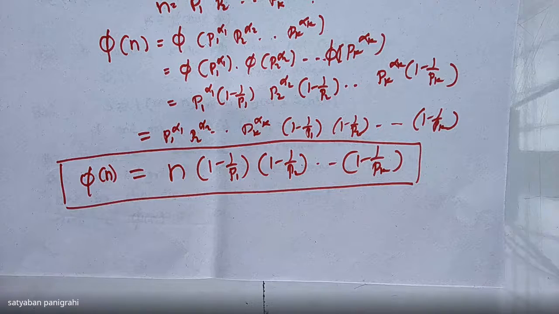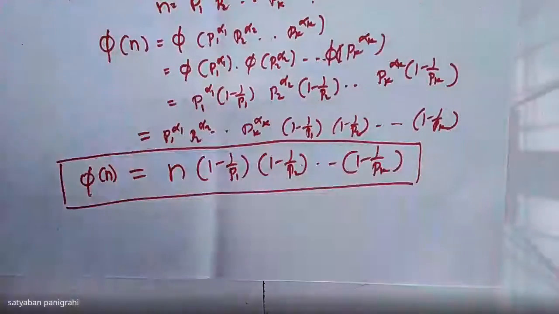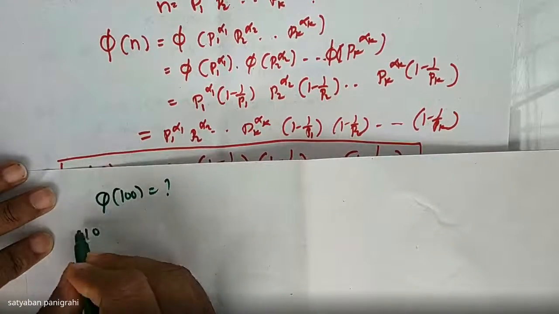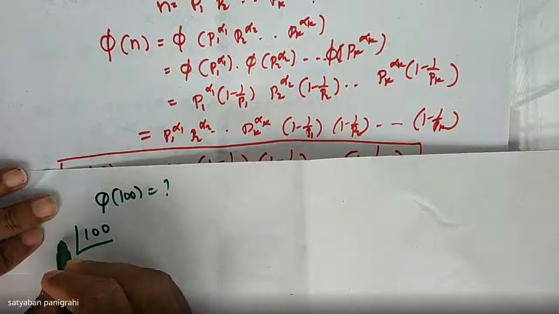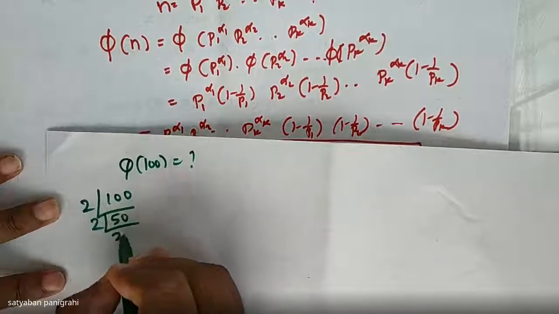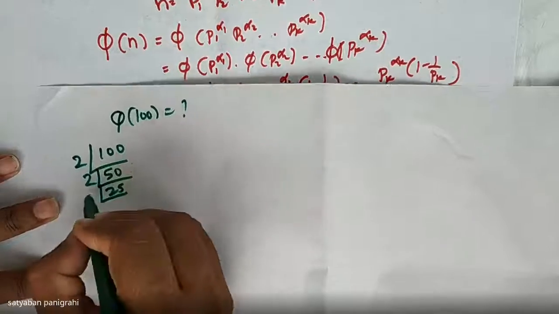See, what can we do using this formula? Suppose someone asks phi of 100 equal to how much? How will you write 100? Factorize 100: 2, 50, 2, 25, 5, 5.